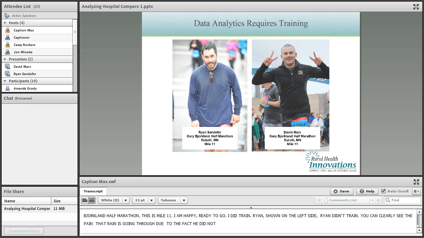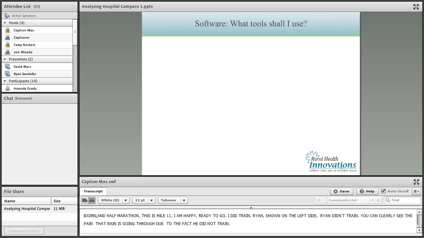It really starts with training. Data analytics does require training. You need to know how to work with large data sets to implement different analytical procedures to make those informed decisions. And it's analogous to running a marathon.